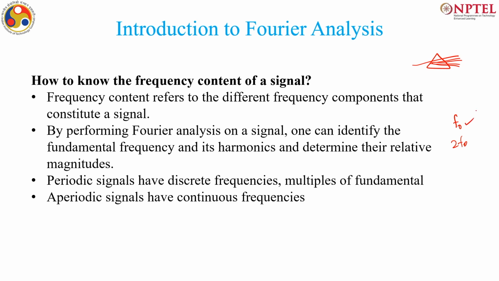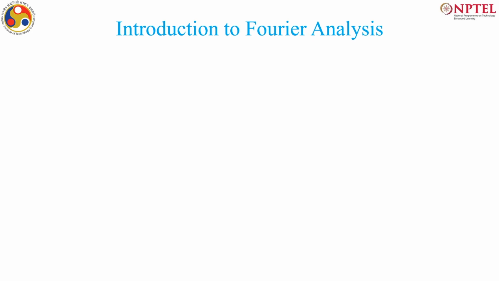And if it is an aperiodic signal, then we will have all possible frequencies, from say negative infinity to positive infinity, or 0 to infinity, whatever you say. We will discuss all these categories.